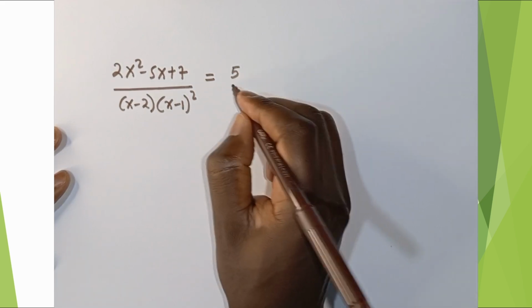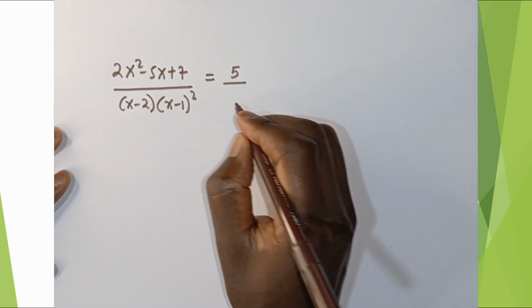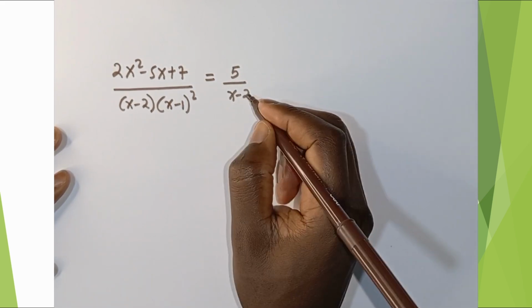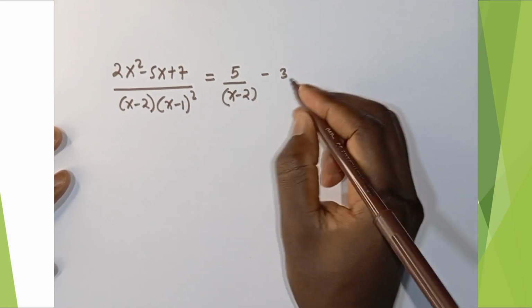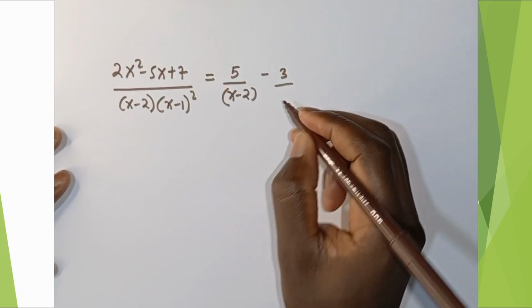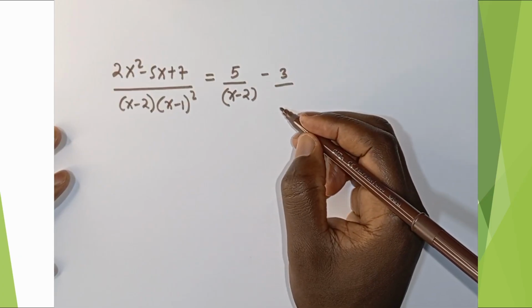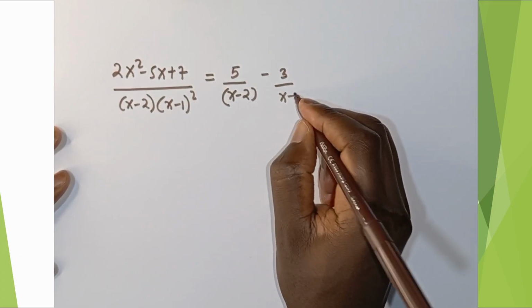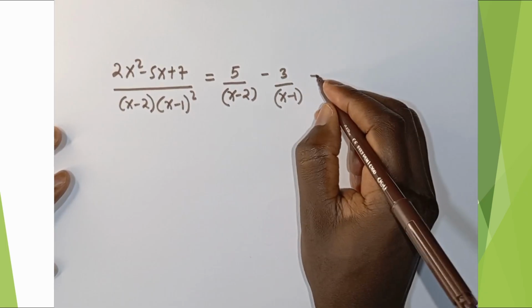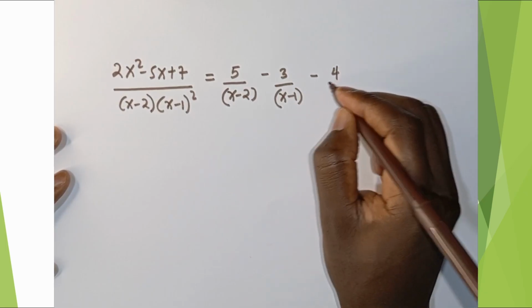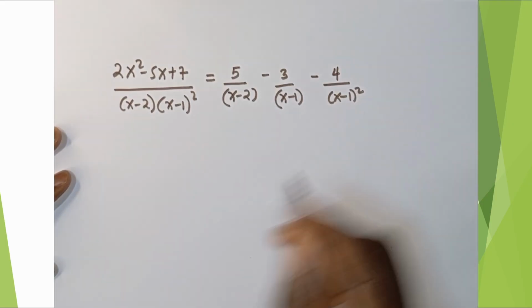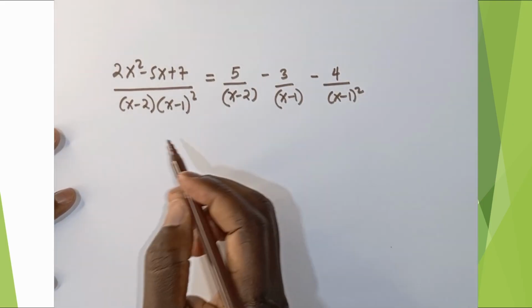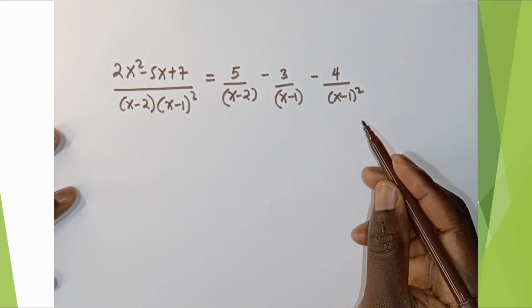It is 5 out of x minus 2 then minus 3 out of, because you remember our b was negative 3, x minus 1, and then minus 4 out of x minus 1 everything squared. So this is our partial fraction.